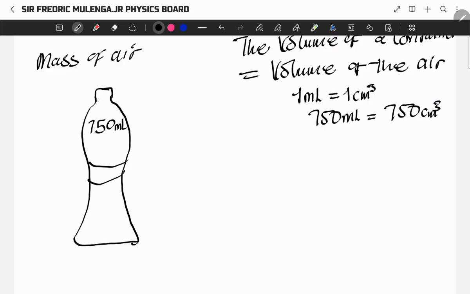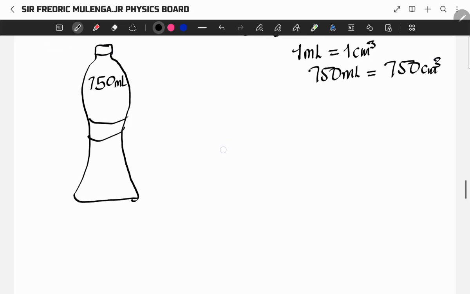So we get this empty bottle. All right, what do we do? We measure its mass. However, under advanced, what you could do is that inside this empty bottle there are air molecules. So you press it on the electronic balance, and let's assume this electronic balance reads 4 grams as the mass.